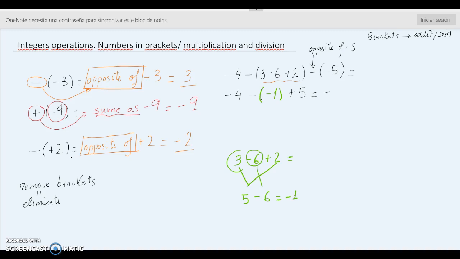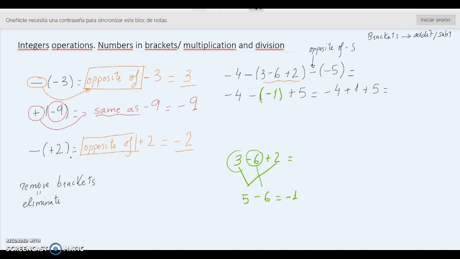Okay, now I have minus 4, and I have again the same situation. Minus is the opposite of minus 1. The opposite is plus 1. Plus 1 plus 5.